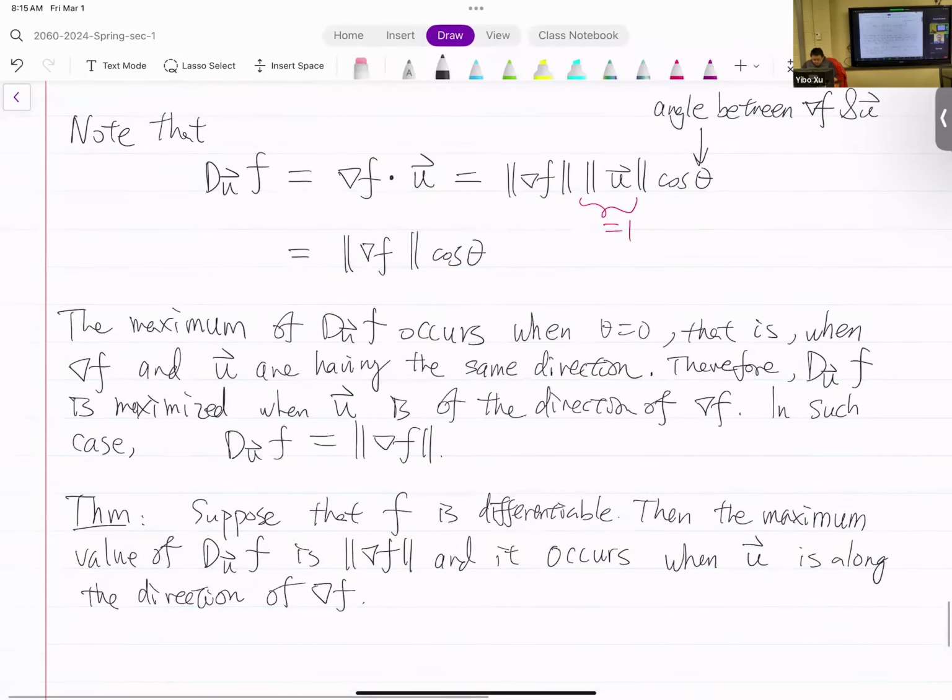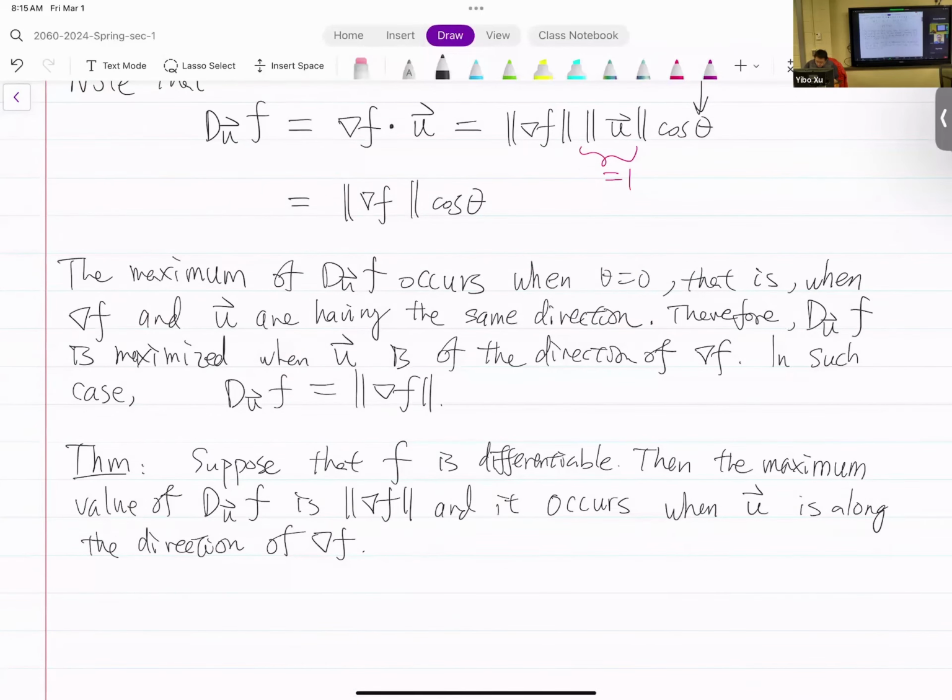Okay. So here, let me put a bracket. Basically, u equals the gradient of f over its magnitude, if the gradient is not a zero vector.